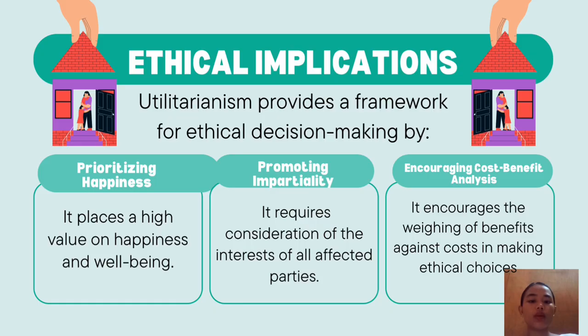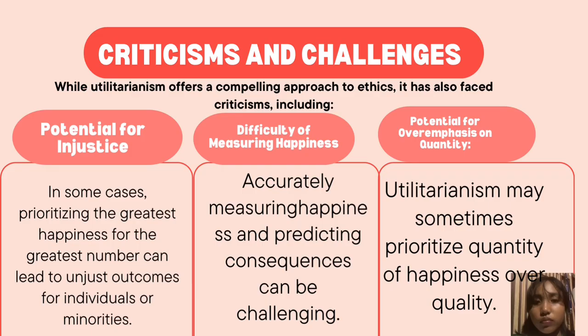This means we think about the good and bad effects of a decision. We compare the benefits and the harm before choosing the best action. In simple terms, utilitarianism helps people make decisions that are fair and aim for the greatest overall good for everyone involved.